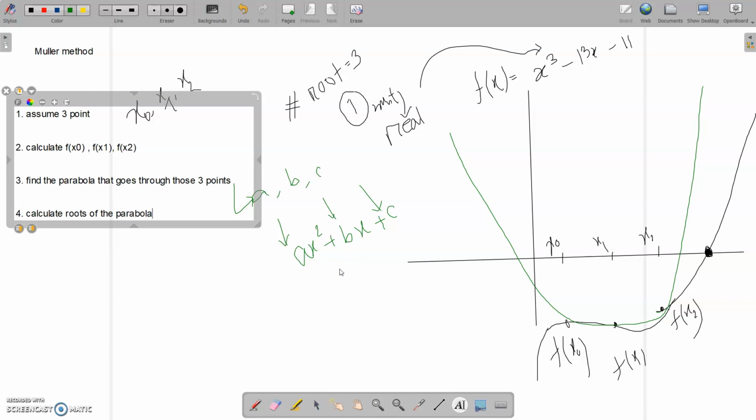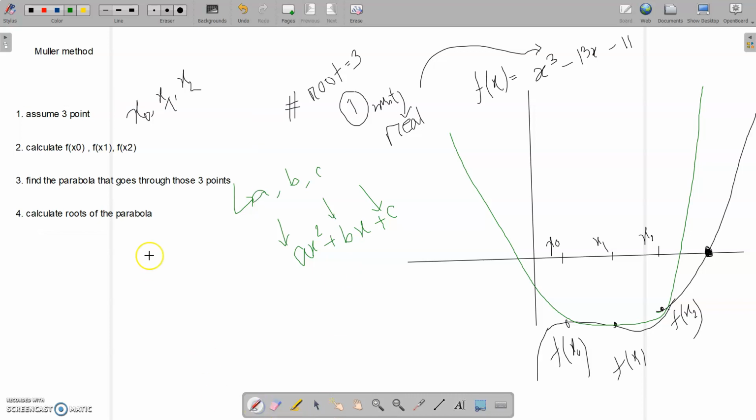Once you find the parabola, I am interested in these 2 points where it is crossing my x-axis. Then I want to see at which point the curve is closer to the root.